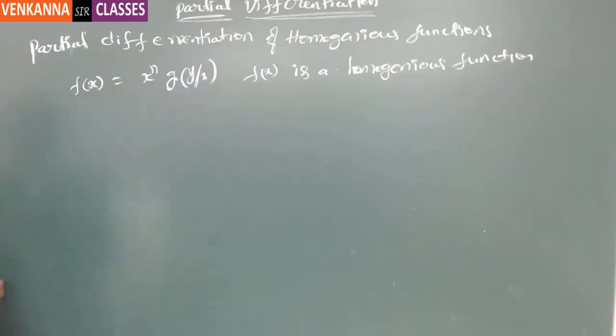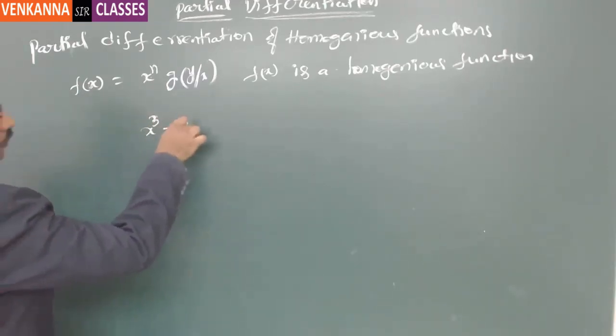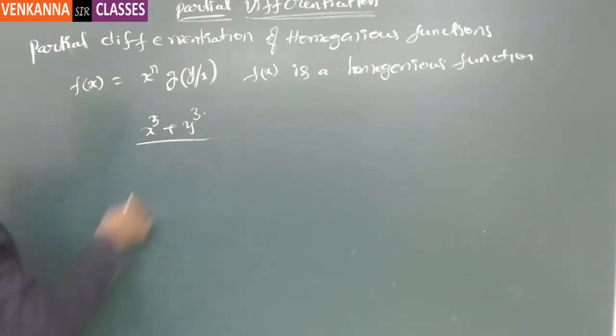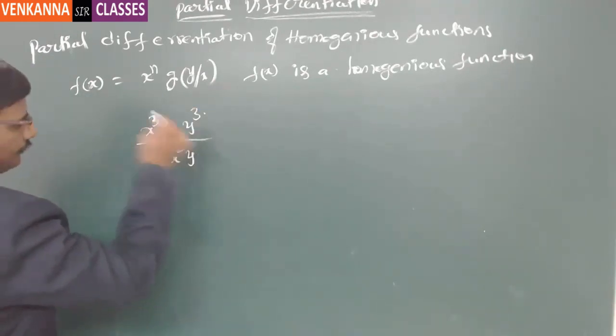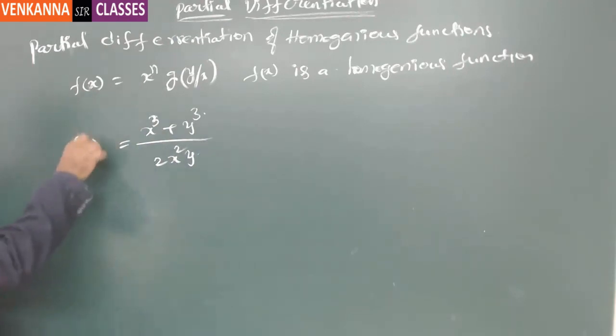If I give you an example of a homogeneous function, x cube plus y cube divided by 2xy. Let us say this is f of x.